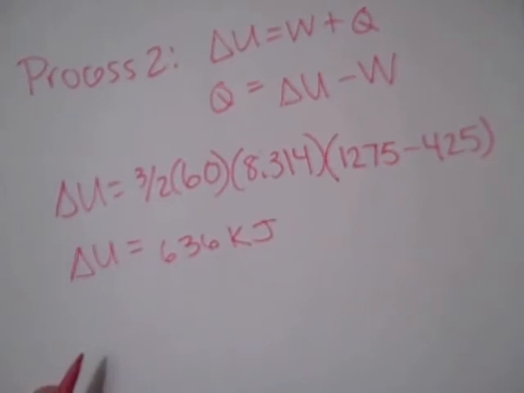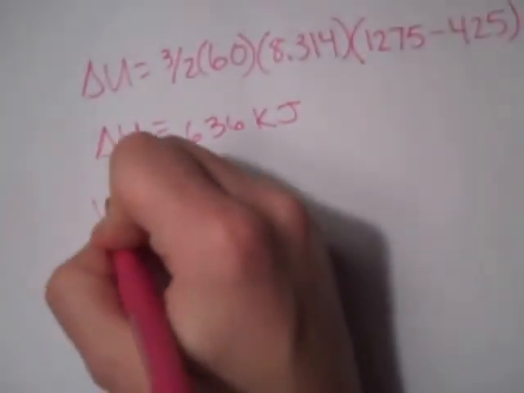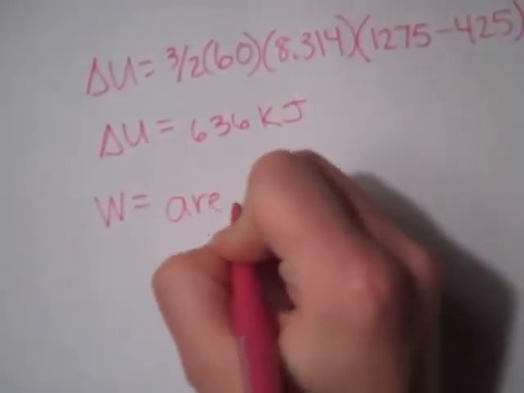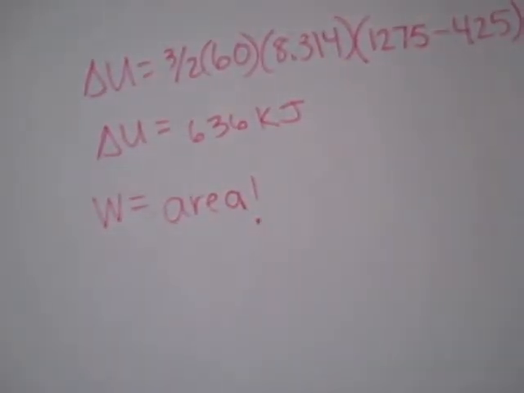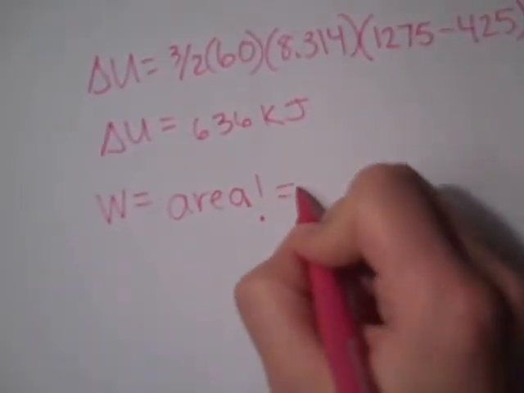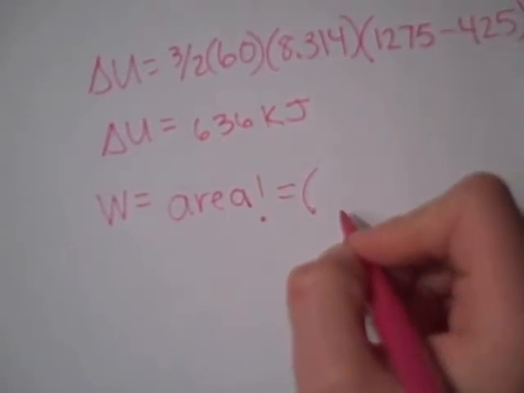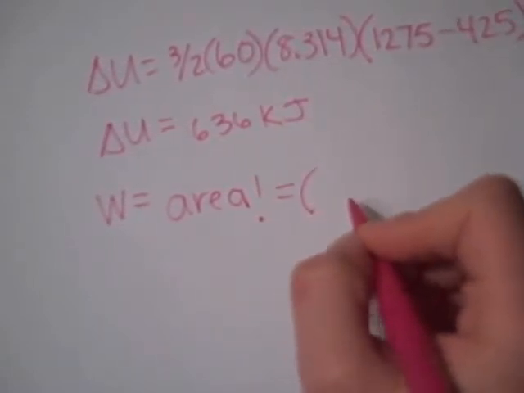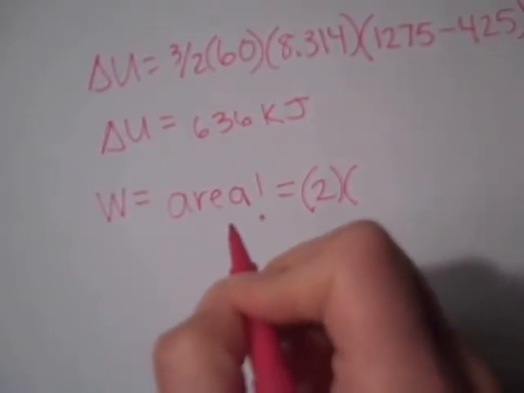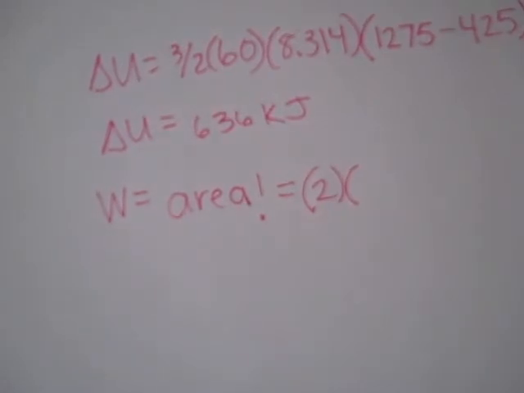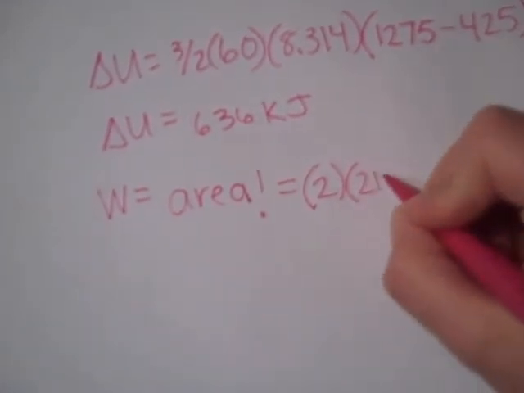And in order to find the work done, I'm going to calculate the area under process 2, which is just a rectangle. And so the area is going to be the base of the rectangle, which is 2, the volume, times the height, which is 212 times 10 to the third pascals.